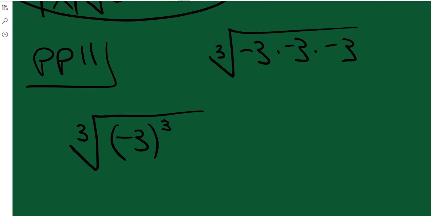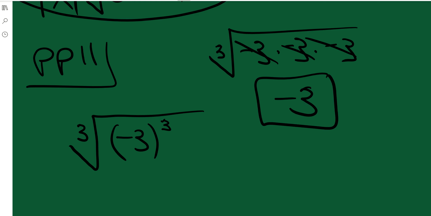And they're asking for the cube root. So that means what? For every 3 of the same terms, I'm going to take one out. Well, there's 3 negative 3's. There's 1, 2, 3.